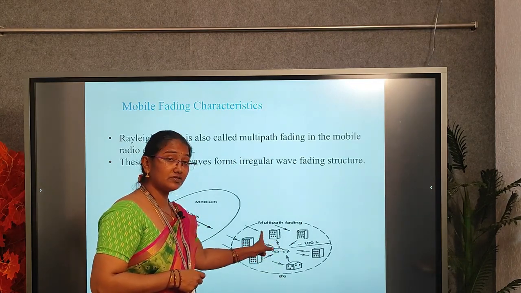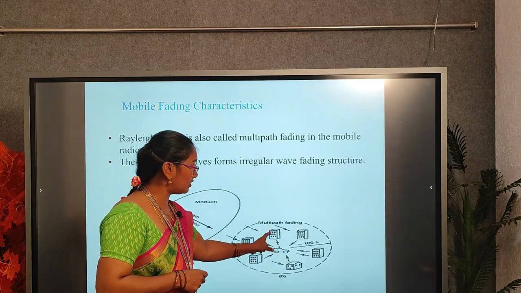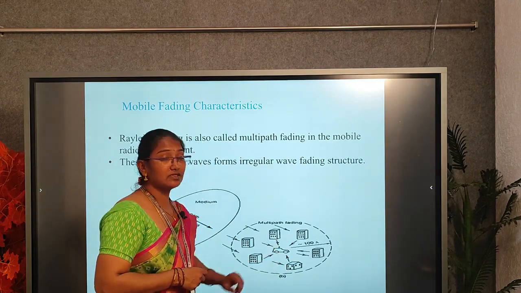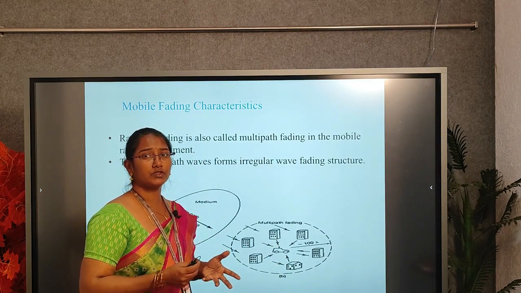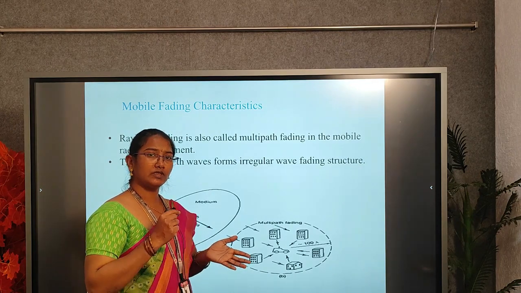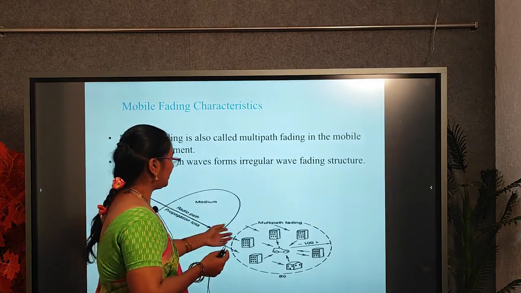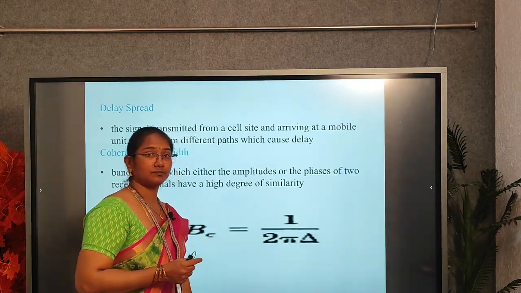Whenever it receives direct paths, no problem, the signal is good. Whenever too many reflections are there, the signal will not have proper communication, so automatically the caller itself terminates the call. So too many reflections or multipath fading is not a good one.